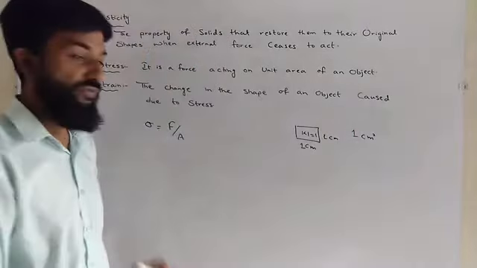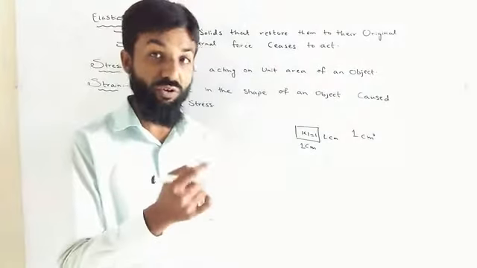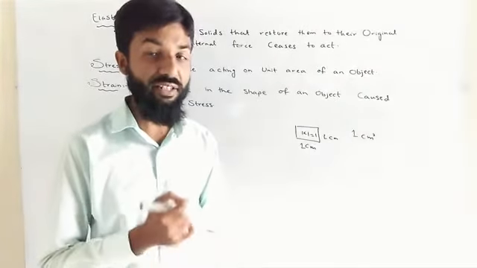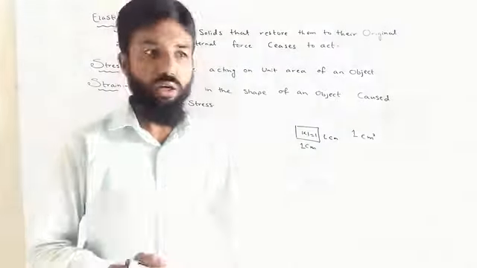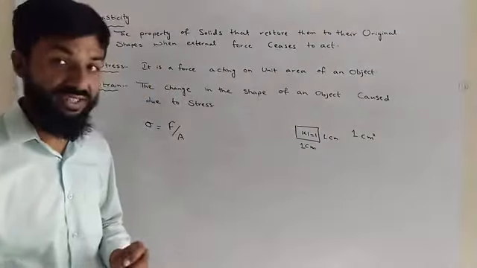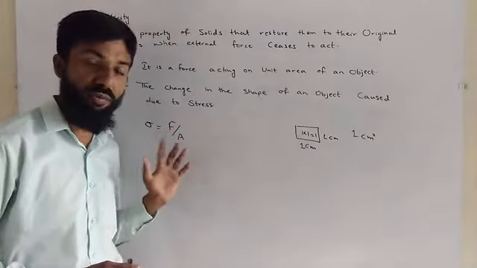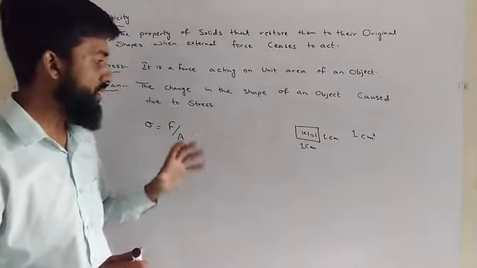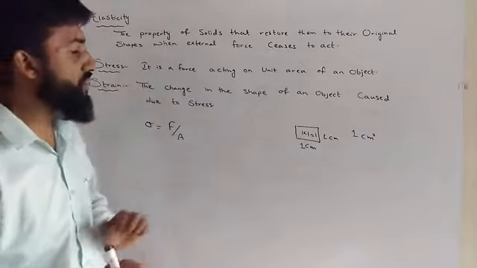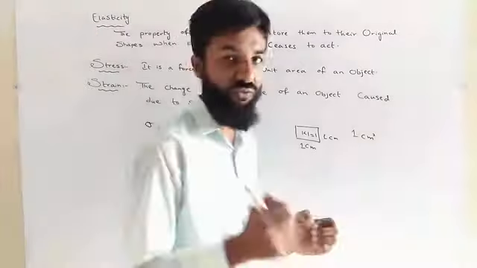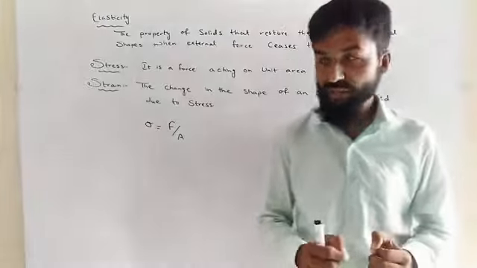When we apply 1 Newton force on 1 centimeter square, that is stress. The unit used for stress is Newton upon meter square. The definition of stress is force acting per unit area.